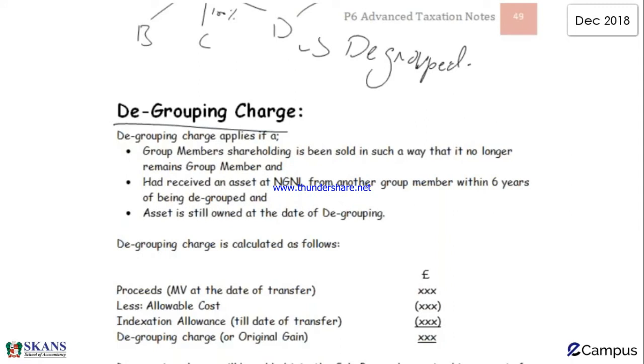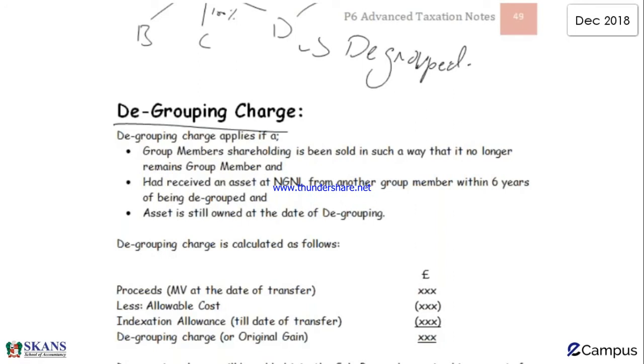The first thing you should notice is how a company would be getting degrouped. It would be getting degrouped over here if A Limited would be selling at least 26% shareholding. That will make D Limited a 74% subsidiary, which is not a member of the capital gains group.